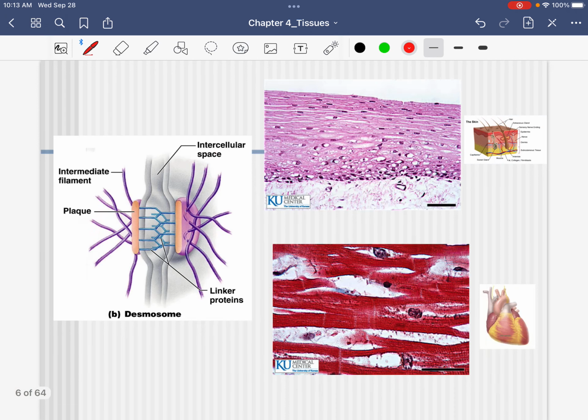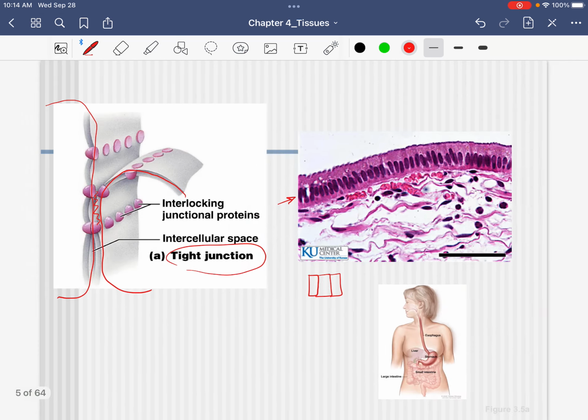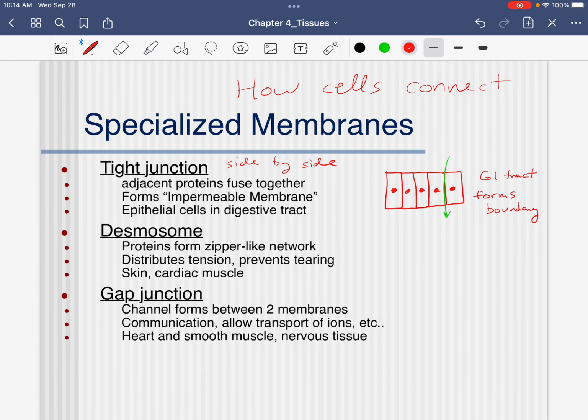The next thing we're going to talk about is a desmosome, and our example of the desmosome is going to be the stratified squamous that makes up the epidermis or outer layer of the skin. So let me go back, okay? A desmosome.